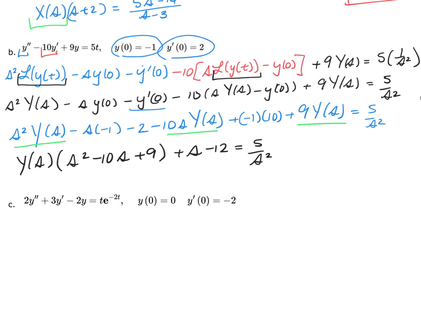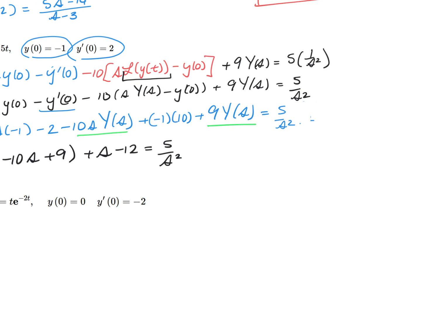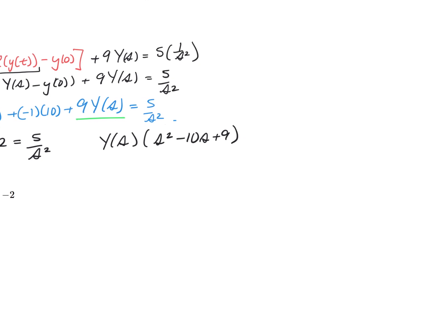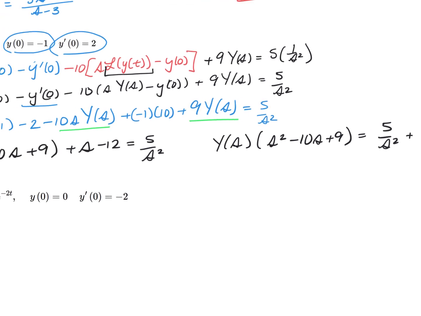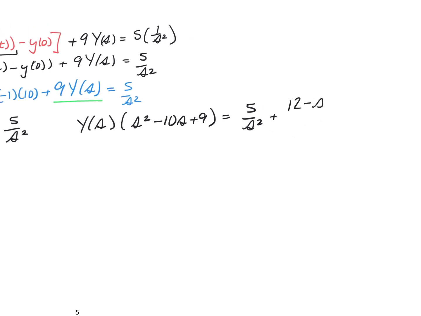Now I'm going to move my s minus 12 to the other side. So I'm going to get capital Y of s multiplied by s squared minus 10s plus 9 is going to be equal to 5 over s squared plus, well, I'm going to move the s to the other side, so it'll be negative s, so it'll be 12 minus s.